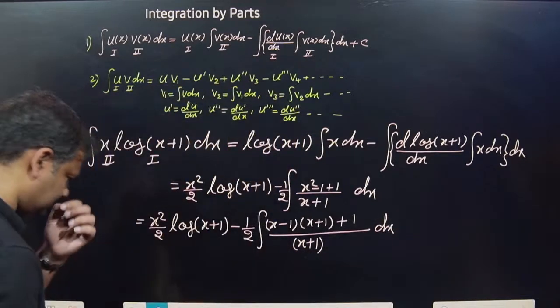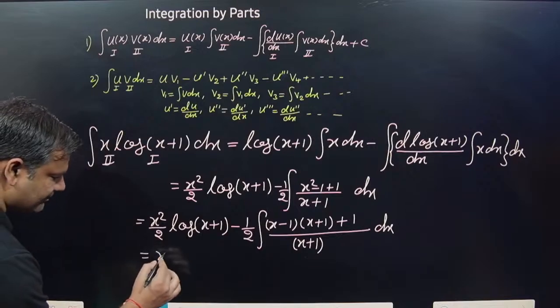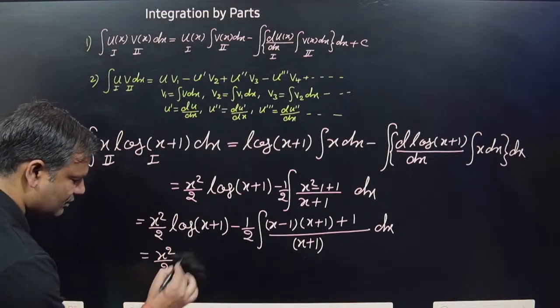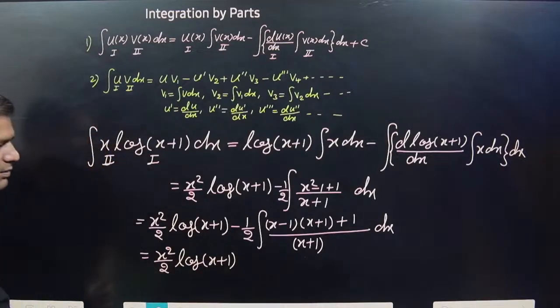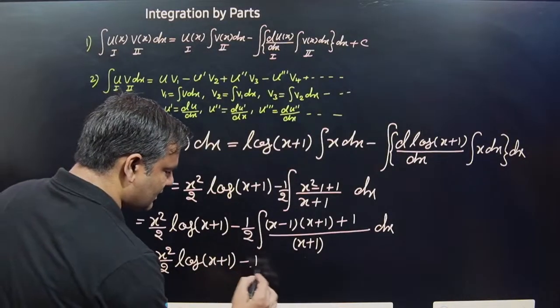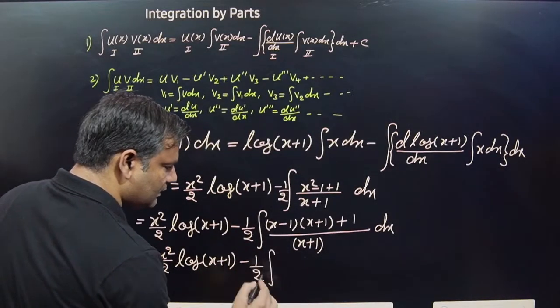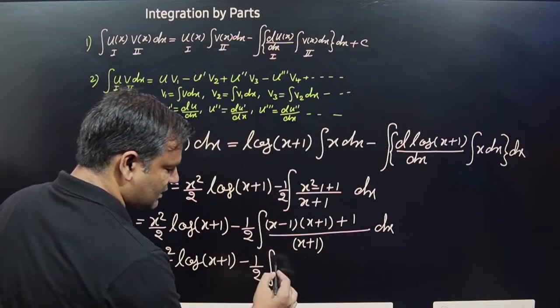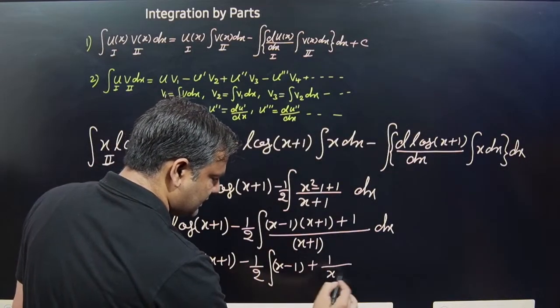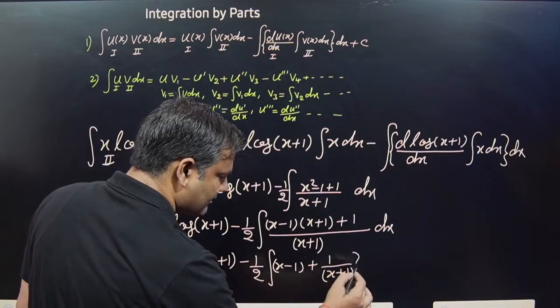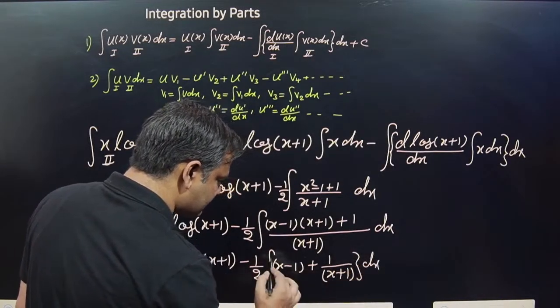Clear? After that, look here, x square by 2 into log of x plus 1, now minus half, here dividing, we get x minus 1 plus 1 upon x plus 1 into dx.